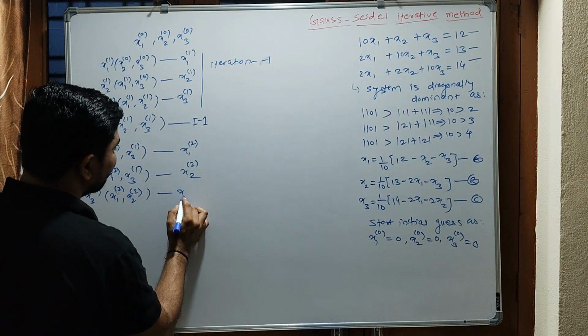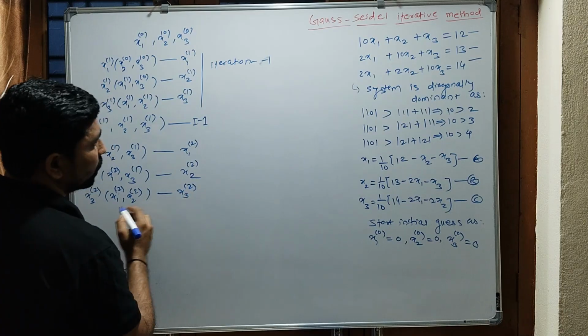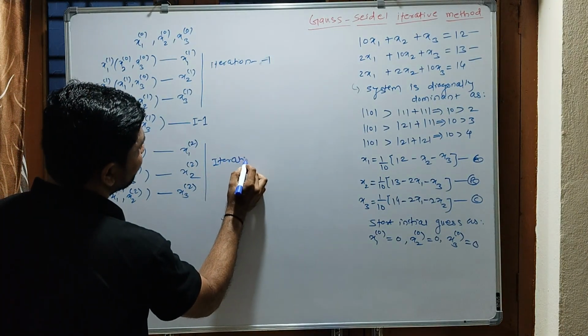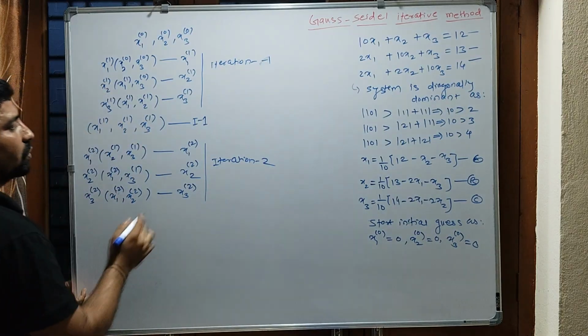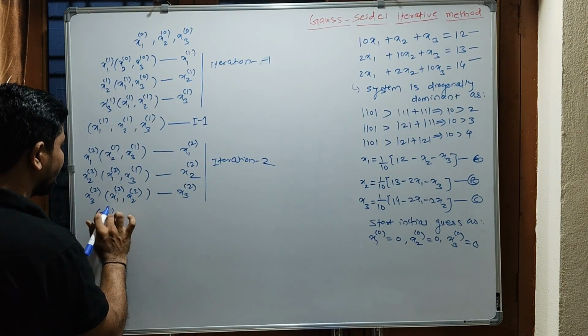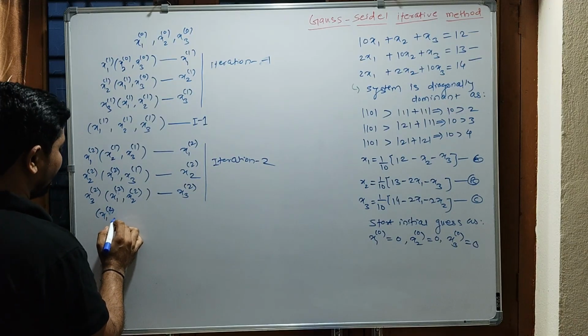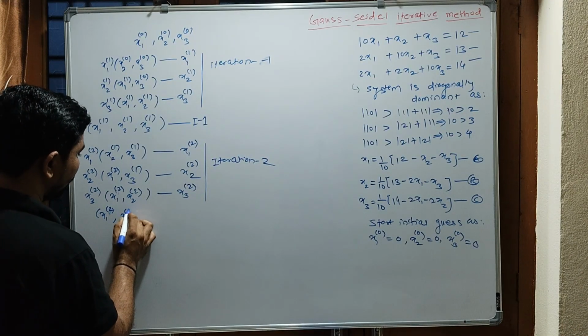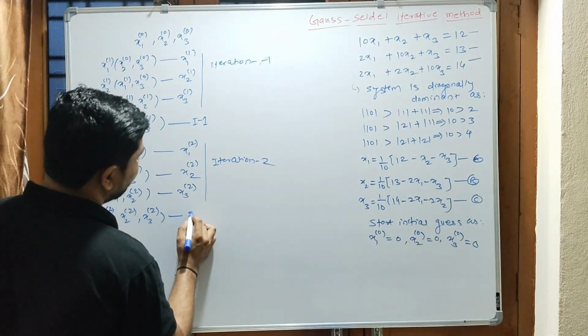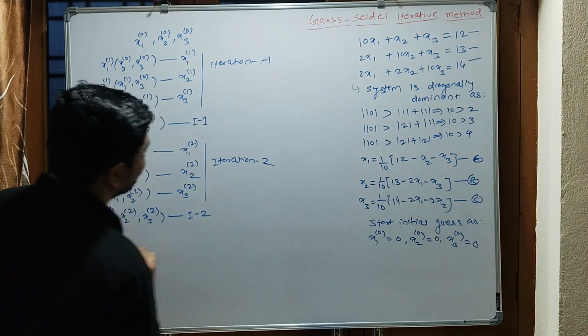So x1 at 2, x2 at 2 and x3 at 2 is my second iteration.